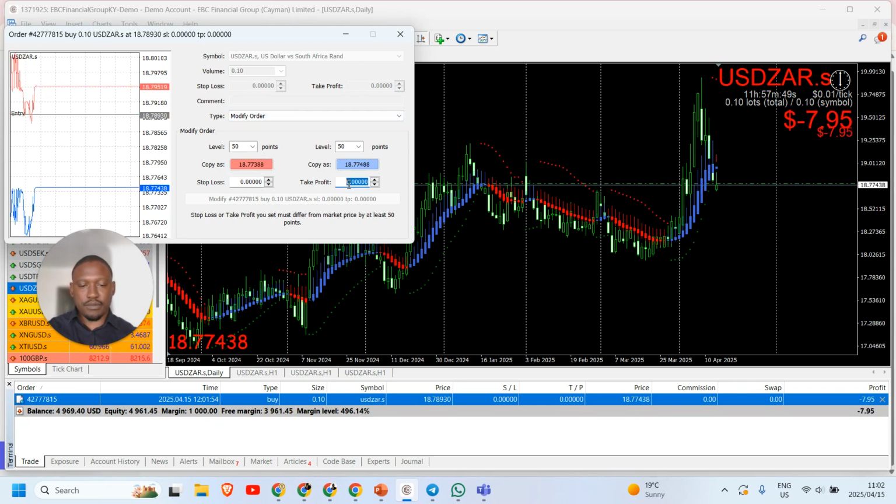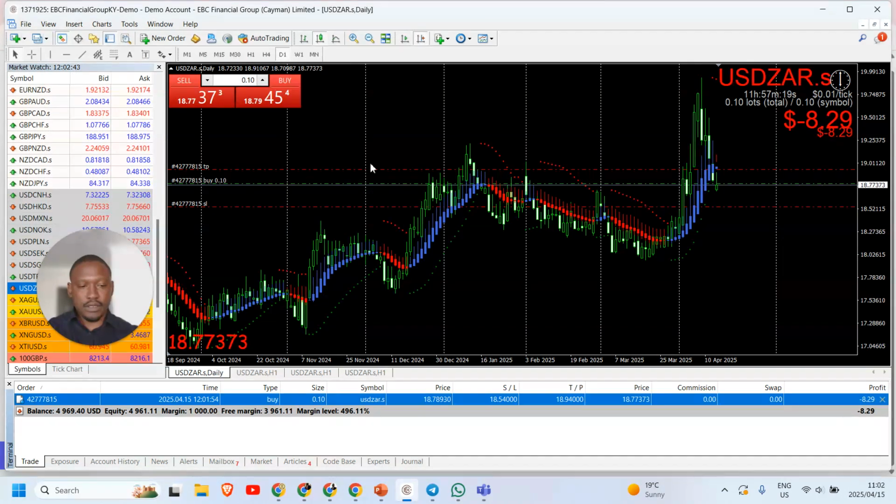Let's go ahead and put our take profit at 18.94, and the stop loss is going to be at 18.54, and modify. As you can see, the setup is there, and we'll obviously take a look at what happens with that.